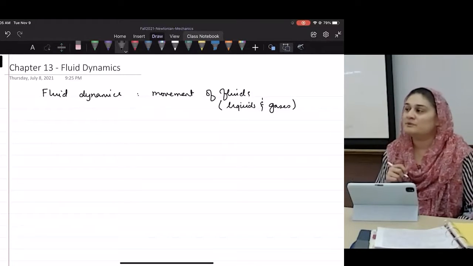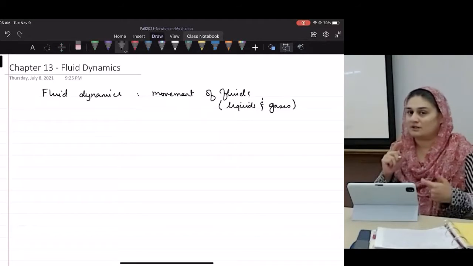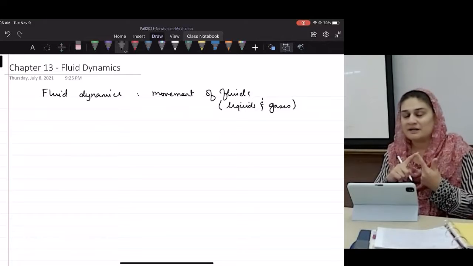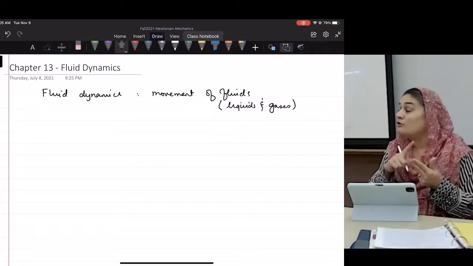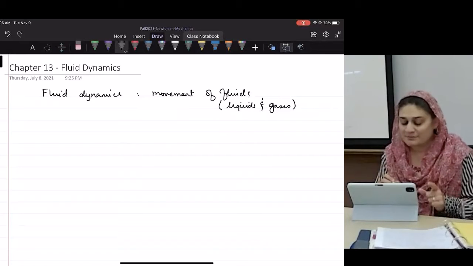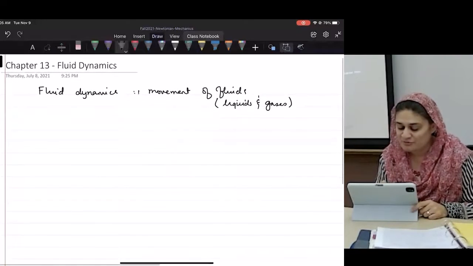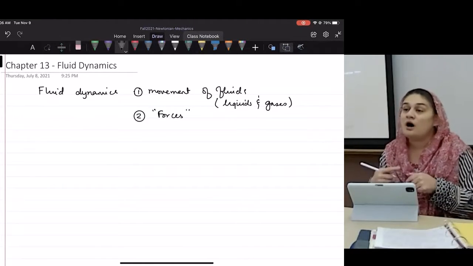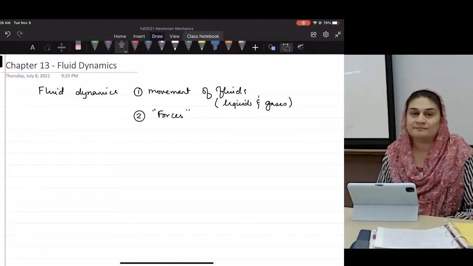The other thing that we talked about when we did Newtonian mechanics was, number one, a particle, and number two, forces that impact those motions. So the two things: one is movement, number two are forces that cause that motion.